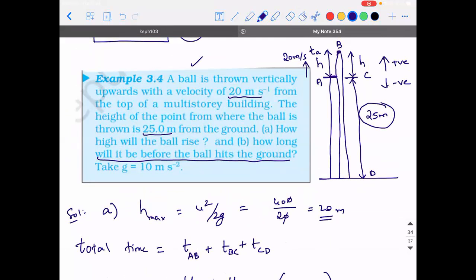Can you guys tell me what would have been the velocity here? Sir, 20 meters per second. It is still 20 meters per second, because point A and C are at the same level.